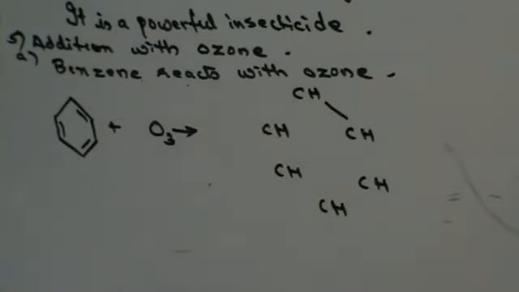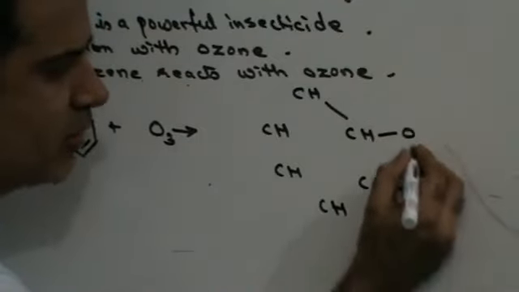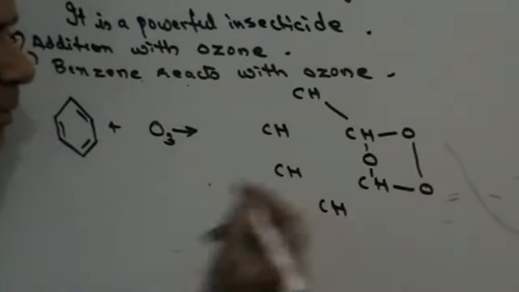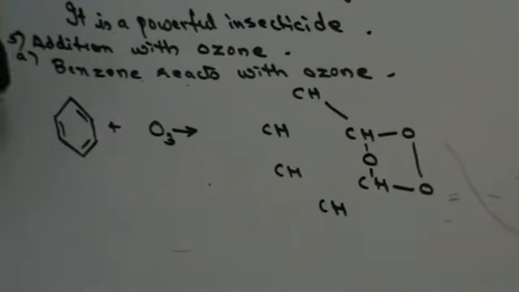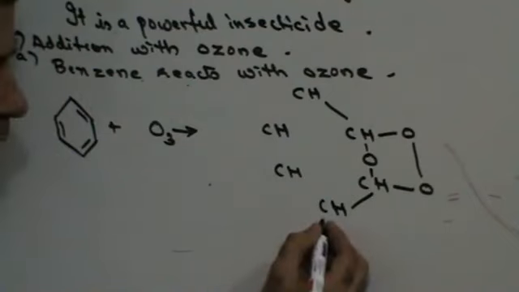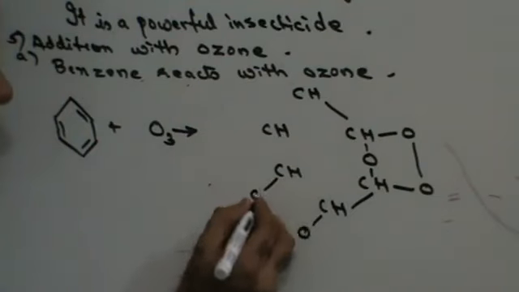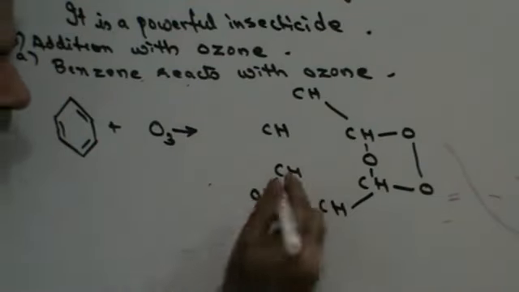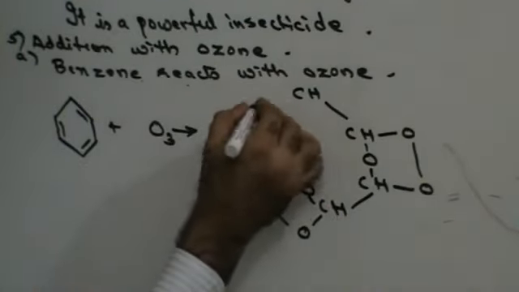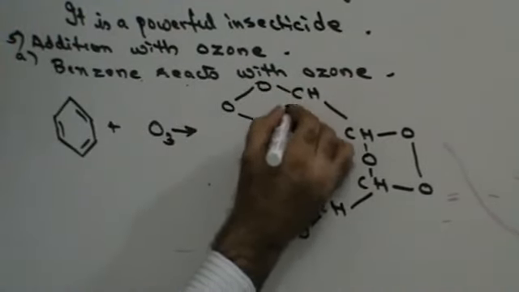Now we know that the valency of oxygen is 2. So one oxygen will combine here, another oxygen here, and the third oxygen of the ozone will combine in between. Wherever you have the double bond, you will have oxygens there, with a single bond between the carbons.